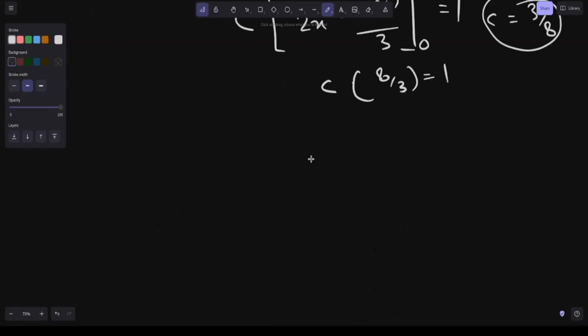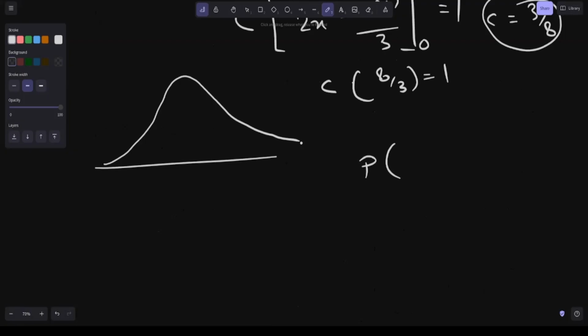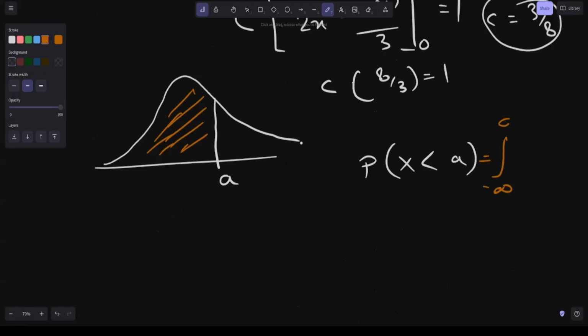Also, a few 2-3 notations I would mention. Let's say this is the probability function graph, and if I ask what is the probability of x less than a, you just draw a line at a here, and the area from minus infinity to a is the area you have to cover.